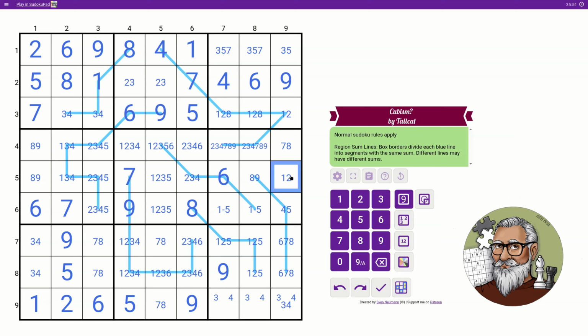Close. One of those is a 9. Yeah, that's unfortunately not as interesting as one would hope. Wow, it's storming outside.